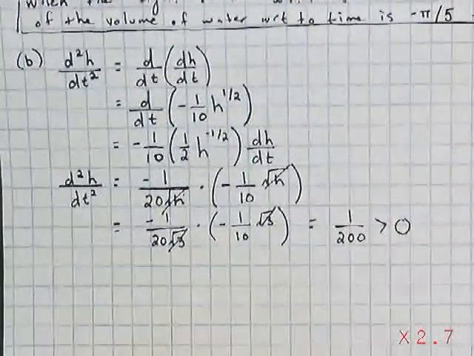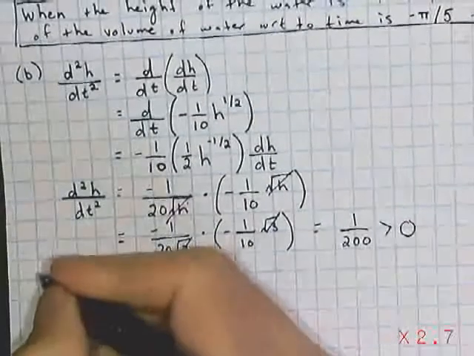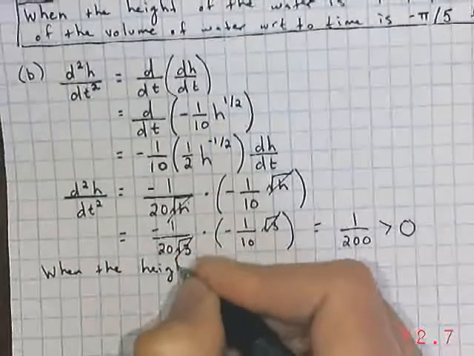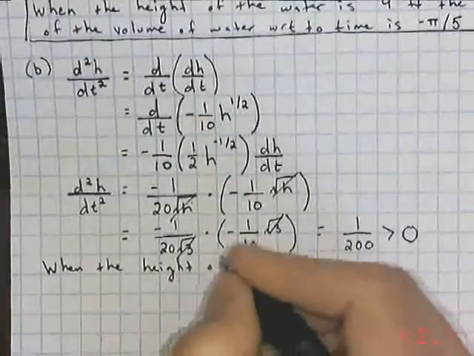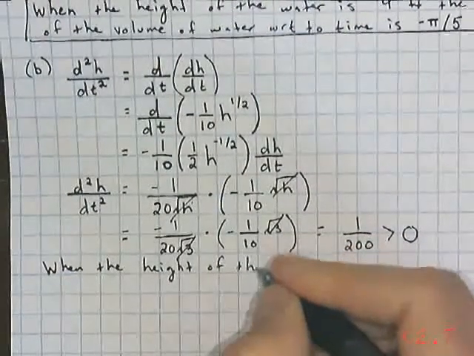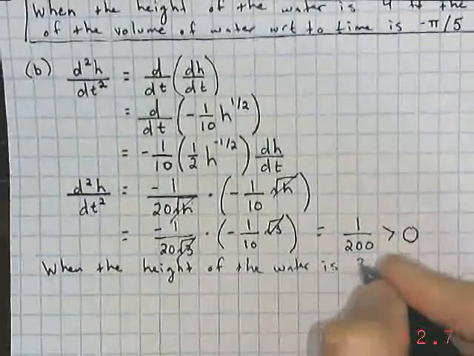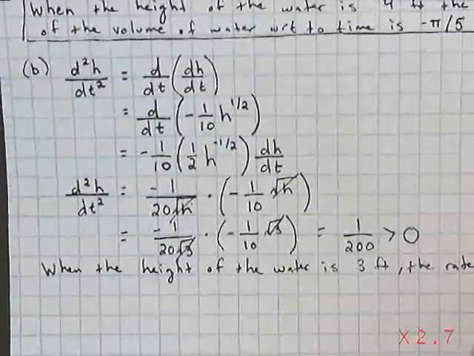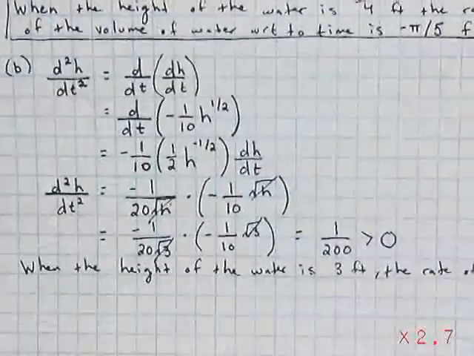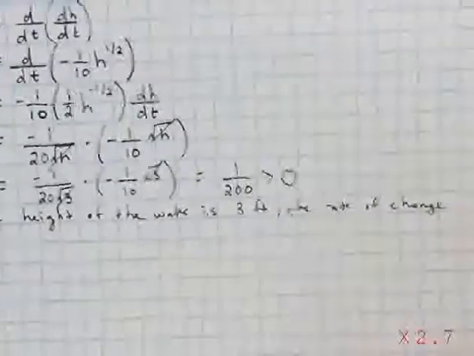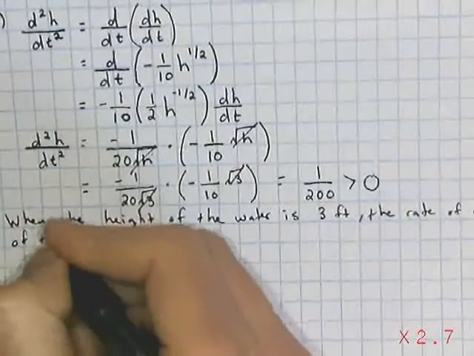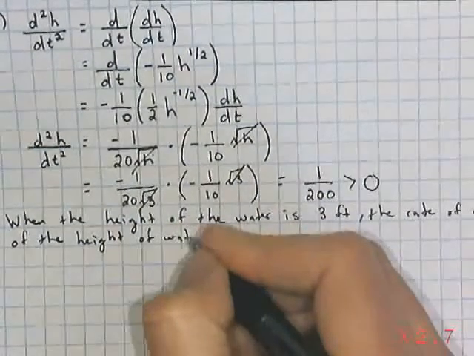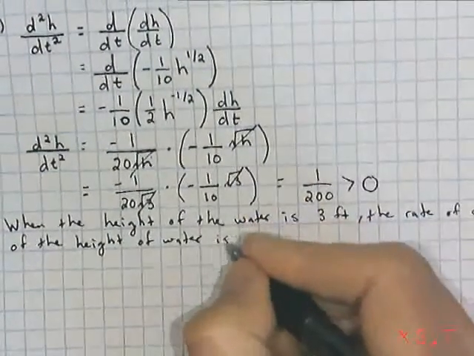And so our conclusion here is when the height of the water is 3 feet, the rate at which the height is changing, the rate of change of the height of water, is increasing.